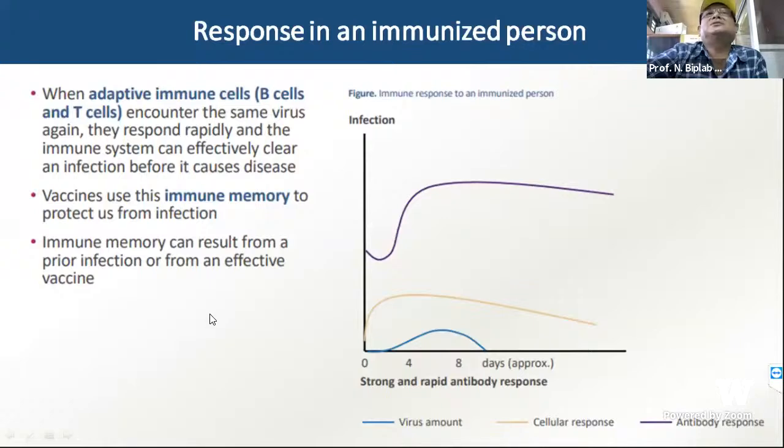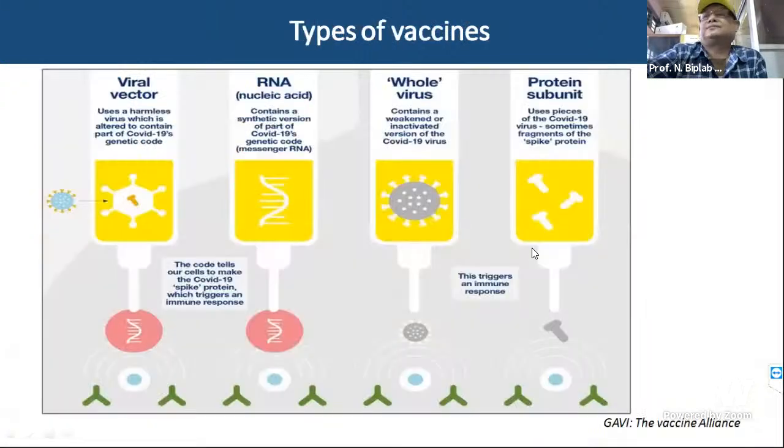Vaccines use this immune memory to protect us from infection, and the immune memory can result from a prior infection or from a vaccine. This is the amount of viruses, and this is the cellular response after the viral infection, and this is the antibody response after the infection or immunization.